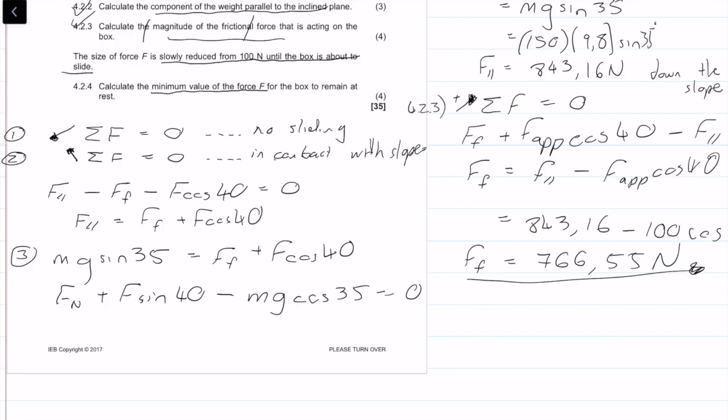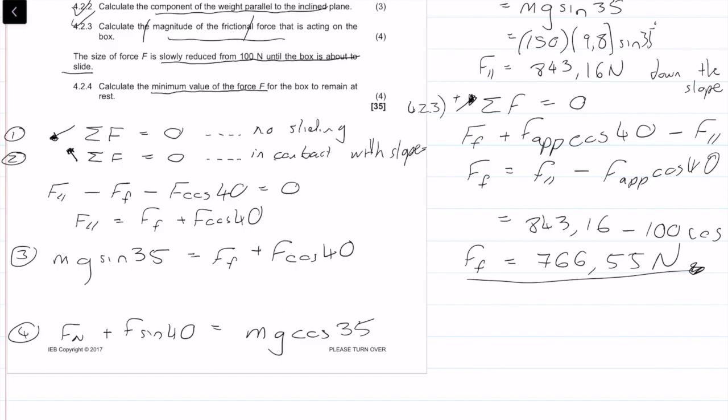So I can rewrite this as F normal plus F sine 40 is equal to mg, oopsie, not sine, but cos of 35. And I'm going to label this equation 4. Okay, let's get rid of this. Actually, I don't need it now.